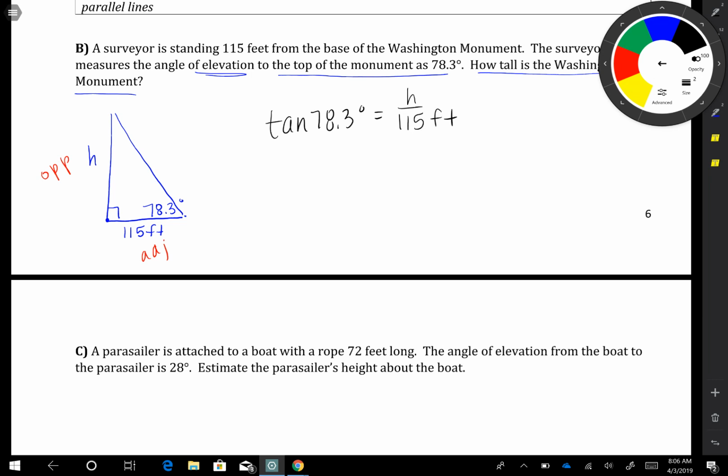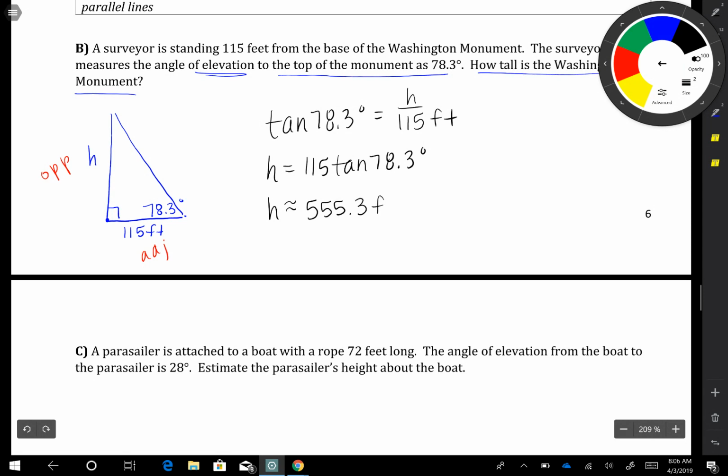And to solve for this one, we'll just multiply by 115. So in our calculator, we will type 115 times the tangent of 78.3 degrees. And when I round that to the nearest tenth, I get approximately 555.3 feet. And that's how tall the Washington Monument is.